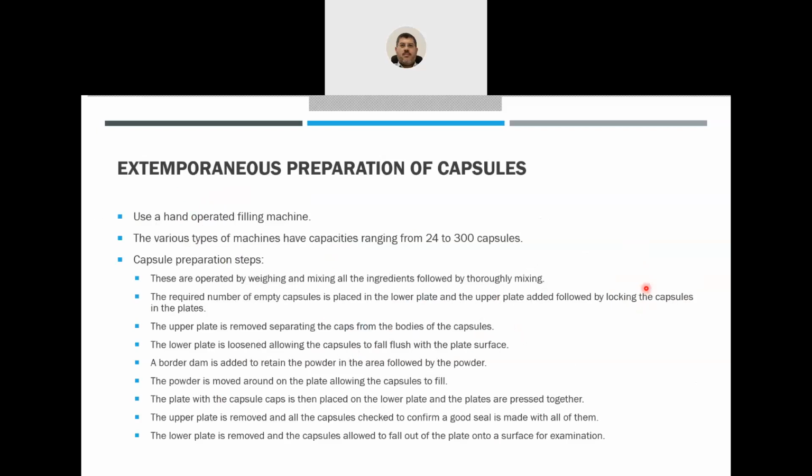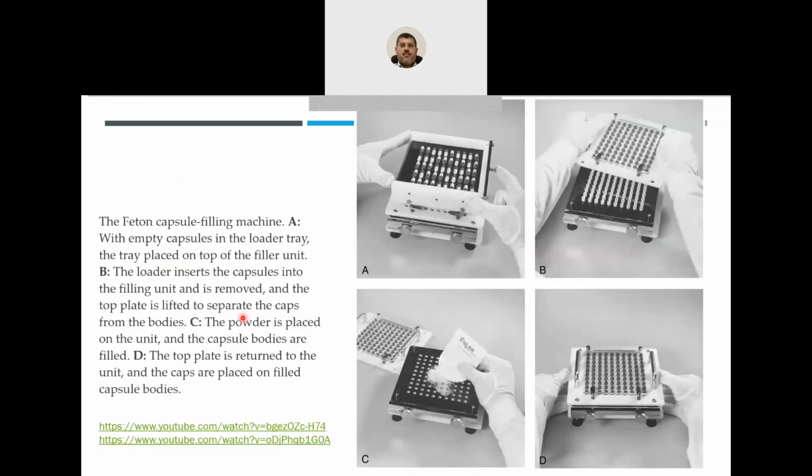So how about in pharmacy? The manual filling of capsules, or extemporaneous preparation of capsules. We use a hand-operated filling machine. They have capacities ranging from 24 to 300 capsules at one time. There are some steps for operation of this capsule filling machine.